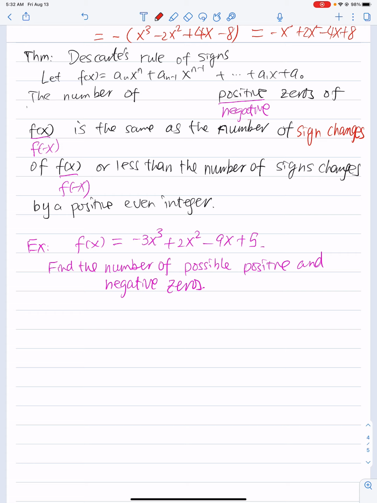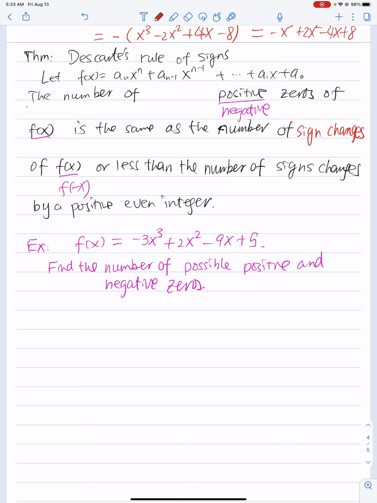Okay, so I want to save some writing. The number of negative zeros of f(x) is the same as the number of sign changes, not of f(x) anymore, but of f(-x), or less than the number of sign changes by a positive even integer.